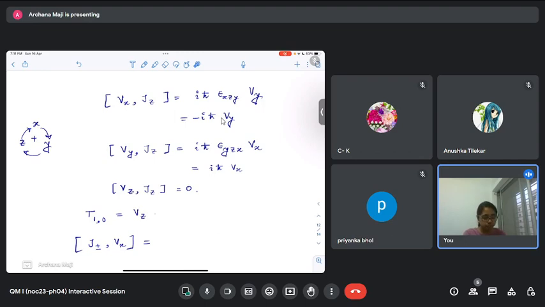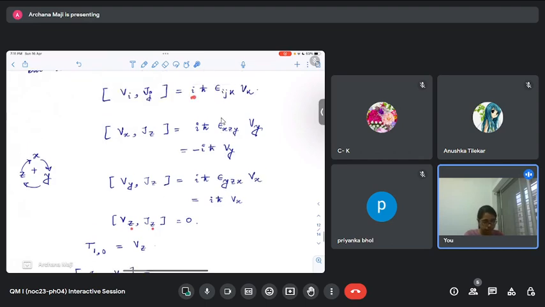That is a property of the Levi-Civita symbol. It's non-zero only when everything is different, and it becomes 0 whenever at least two indices coincide. So [Vz, Jz] is what? It's i h cross epsilon z z k, but since the indices are the same, it's 0.